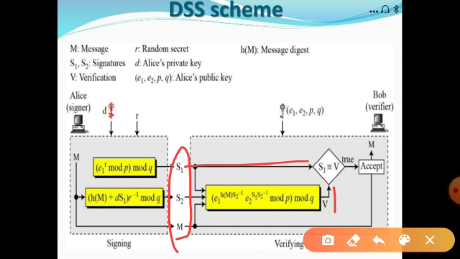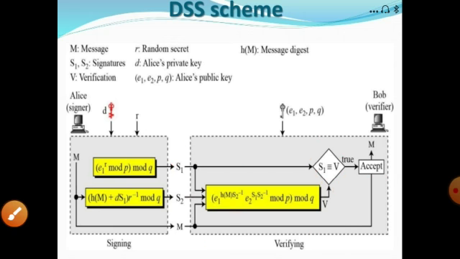For this function we give three inputs, s1, s2, m, and we get the v value. Here we verify the congruence. If both are congruent to each other, the message is accepted, otherwise the message is rejected. This is the DSS.